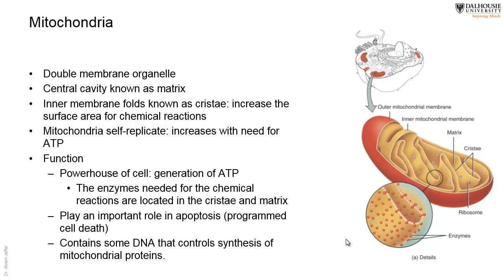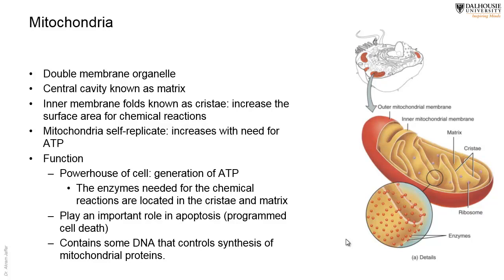Also, the mitochondria play an important role in what we call apoptosis. Apoptosis is a programmed cell death. And the enzymes that cause this destruction are primarily present in the mitochondria and released into the cytoplasm to start a chain of reaction that results in the cell death.